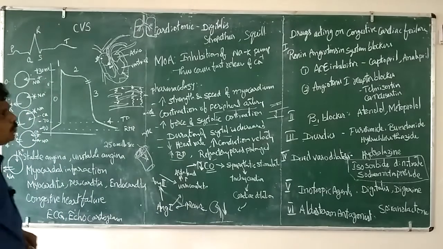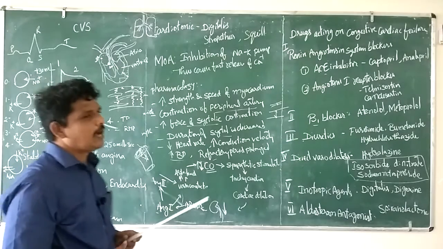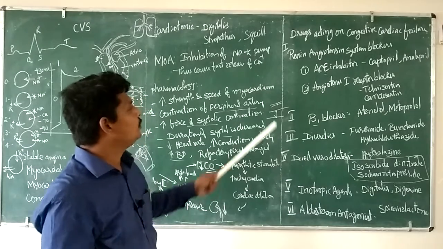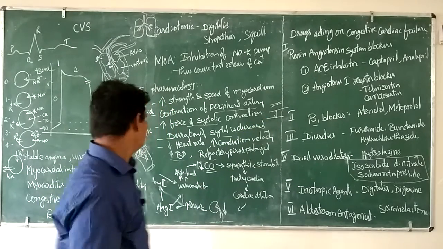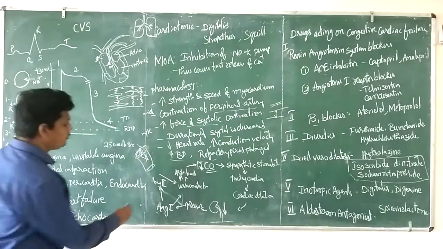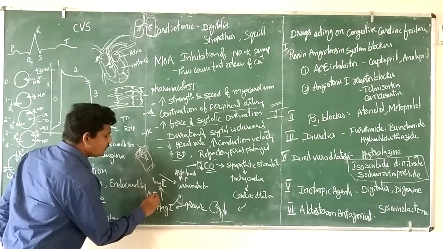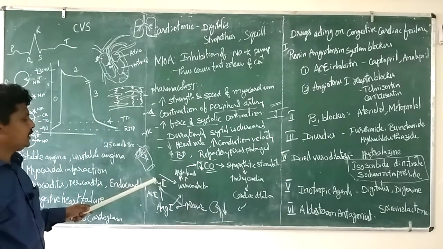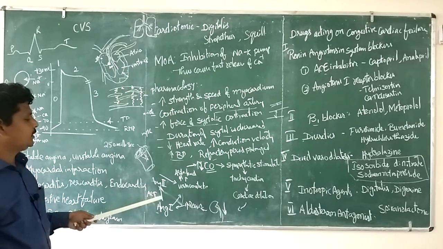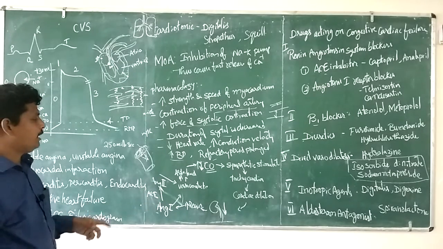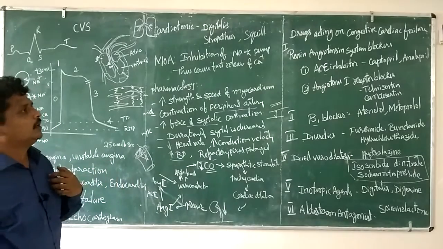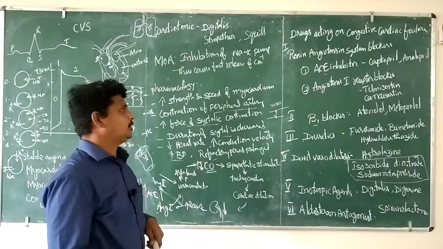Normally to control this, if the contractility is very high, we use ACE inhibitors. What will an ACE inhibitor do? It will inhibit the conversion of angiotensin 1 to angiotensin 2. As a result, vasoconstriction of the blood vessels is not going to take place. That leads to decreased load on the heart.